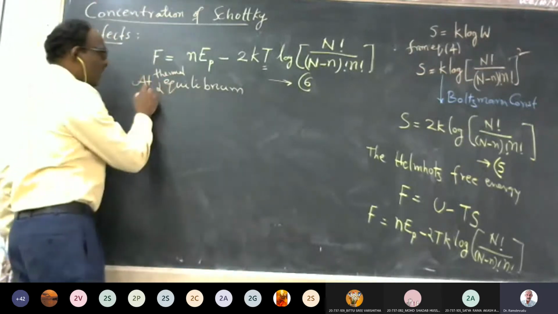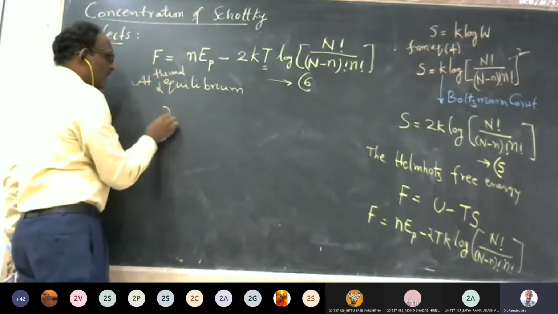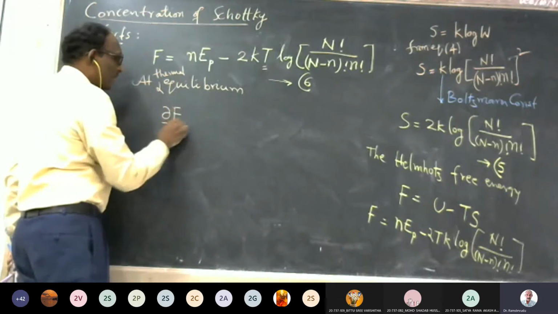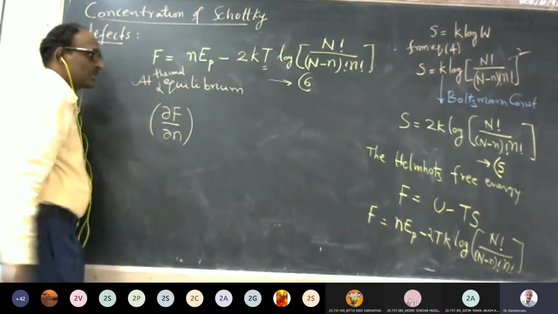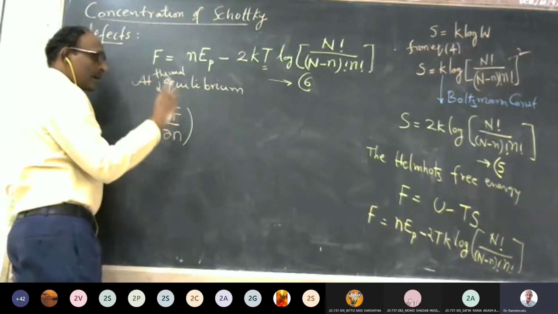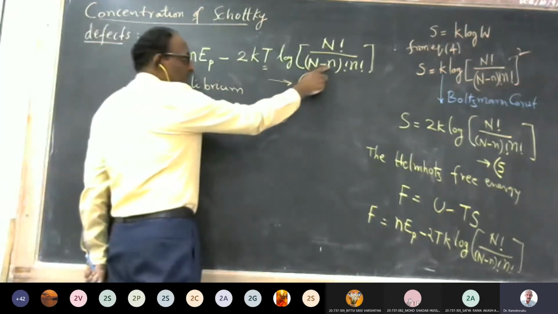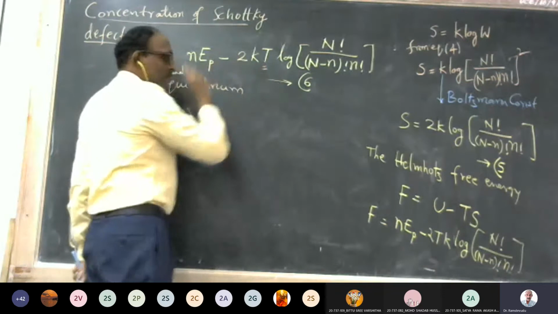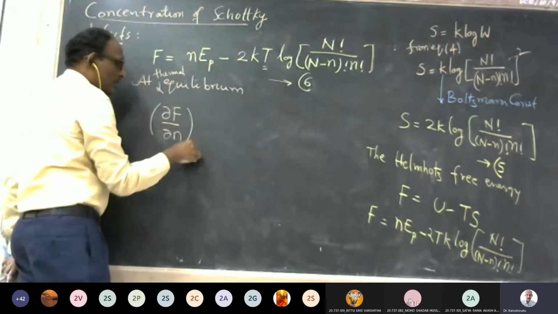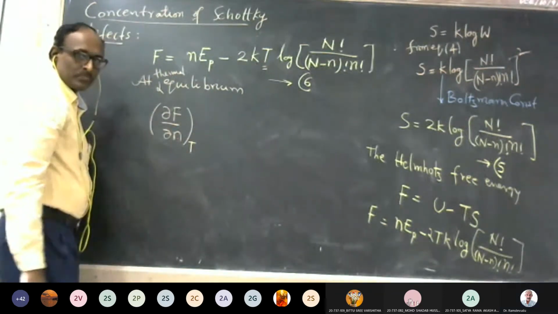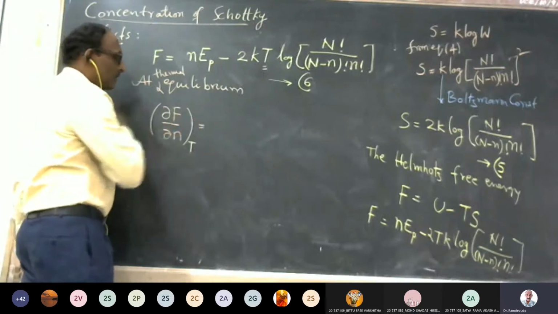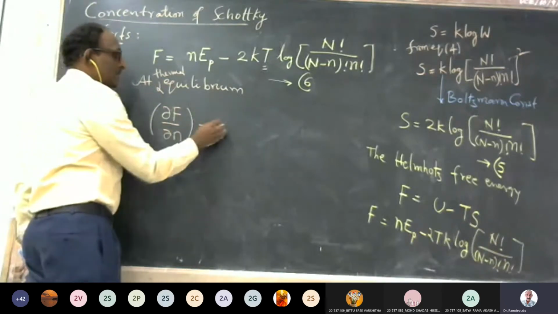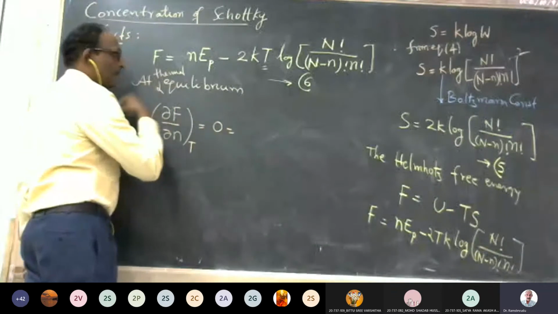Hence, at thermal equilibrium, I am writing dou F by dou n. I am partially differentiating this because I have two variables, n and T, but T I am keeping constant. At a constant temperature, N remains constant. Therefore, F remains constant. This must be equal to 0.